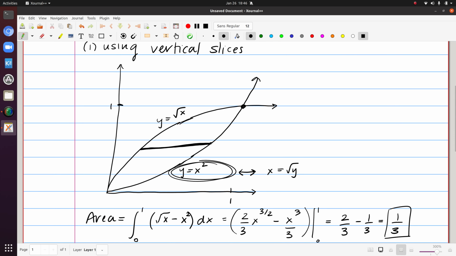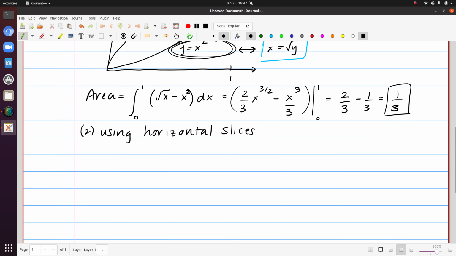And for this function up here, if y is equal to square root of x, then x is equal to y squared. So when I'm doing this second part, to be clear, I'm looking at these as functions of y, and the one that is further away from the y-axis is this one.